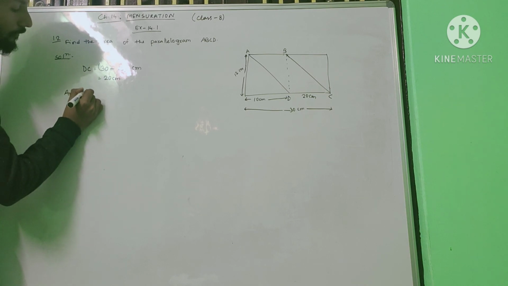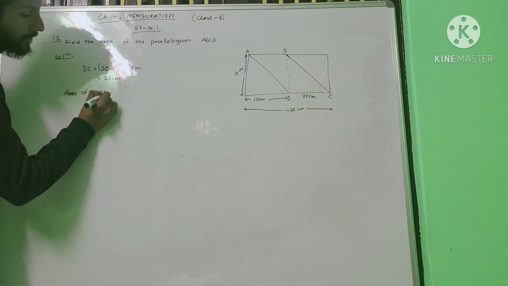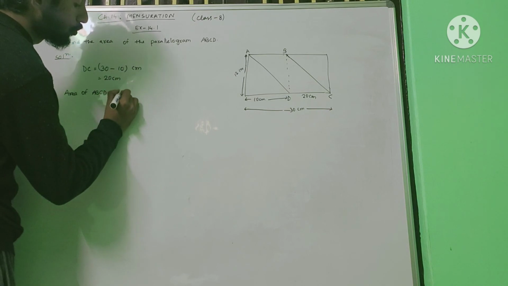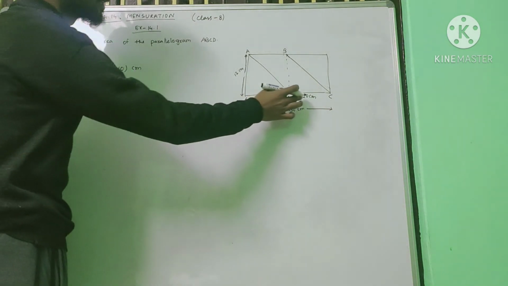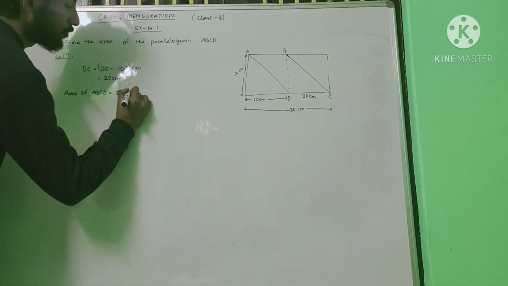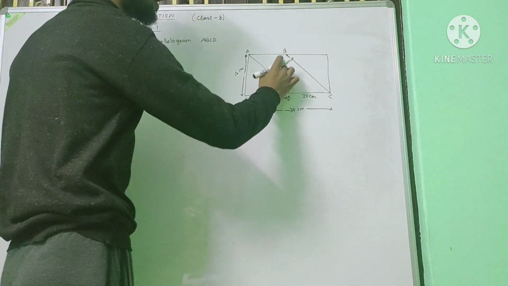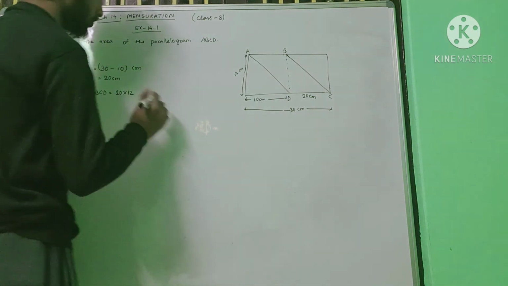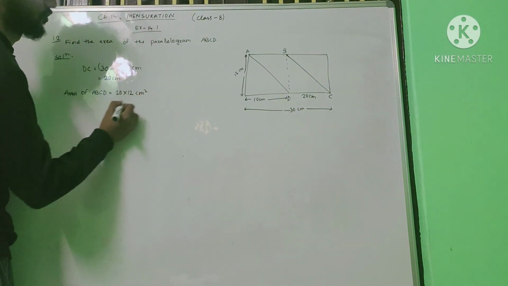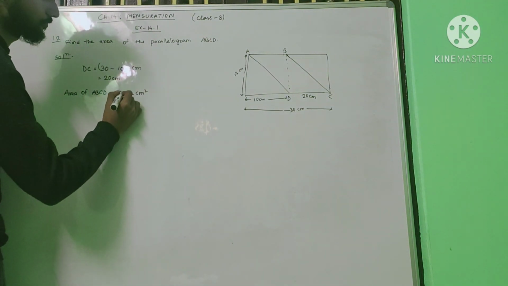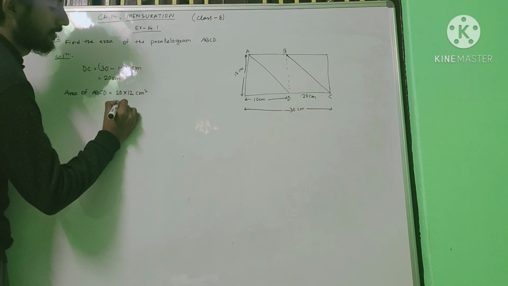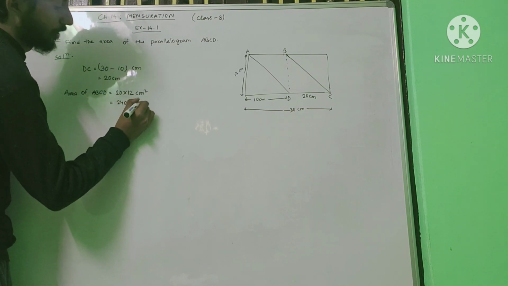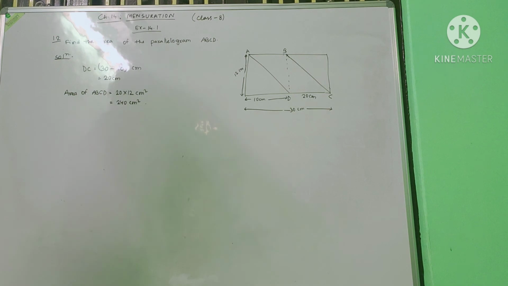So area of ABCD will be equal to 20 into 12, because 20 is the base and the height will be 12, since if we draw a line like this, the lines will be the same. So 240 centimeter square. That's it.